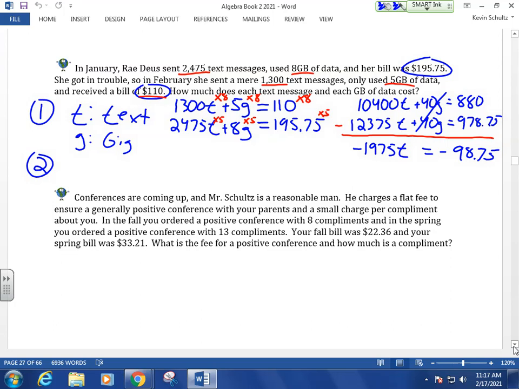It makes it positive. If we had put our bottom equation up on top instead, the only thing that would be different here is we'd have positive 1,975 and positive 98.75, which would still give us a positive value when all is said and done, which a text message, I gave it away earlier, is 5 cents. 0.05. Okay.